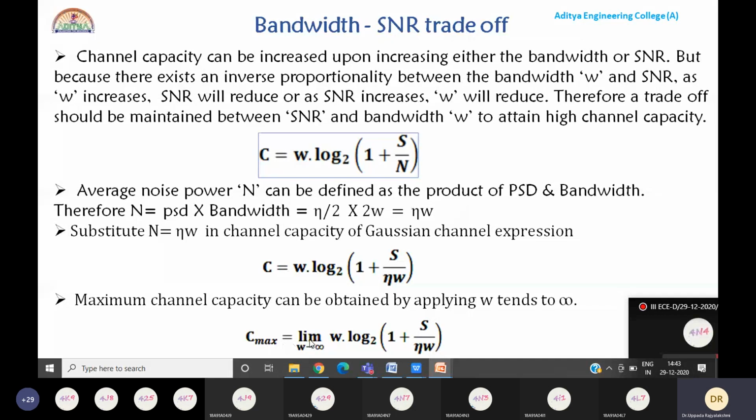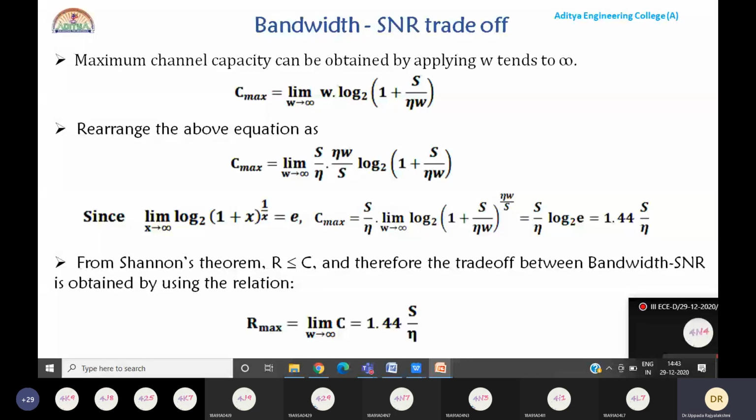So C max is limit omega tends to infinity of the same expression, omega log 1 plus S by eta omega base 2. Just to maximize the channel capacity, we have increased the bandwidth to infinity, so that a lot of data can be transferred from source to destination.